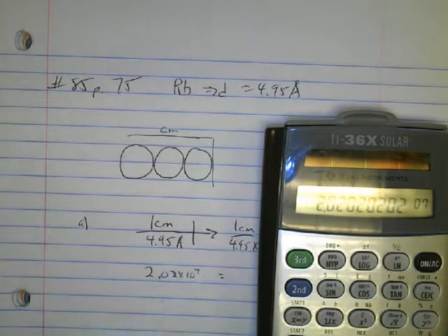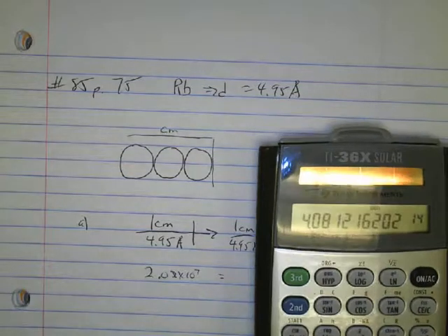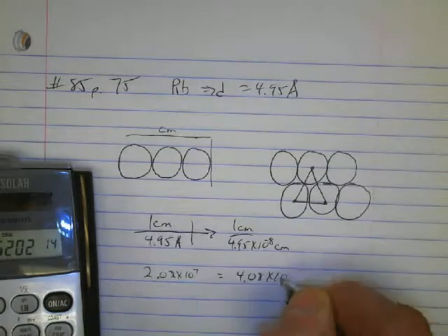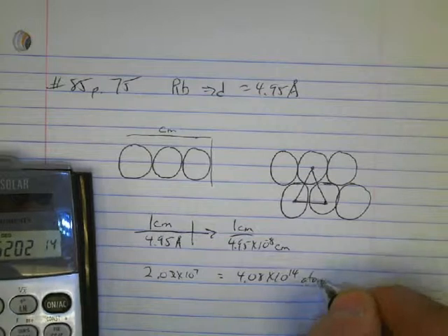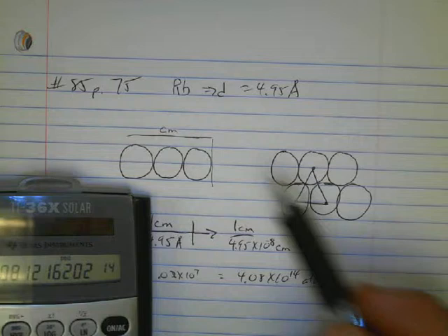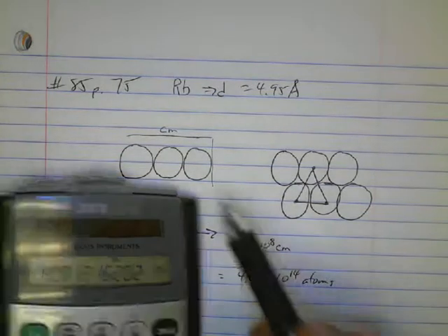I forget, did this say 1 centimeter? Oh, that's the reason. It said 1.0 centimeters. Because this is 1.0 centimeters, that's 2 significant figures. So that's 4.1 times 10 to the 14th atoms.